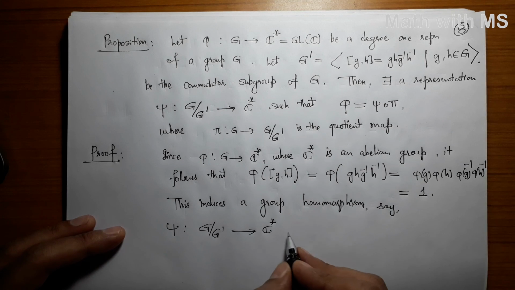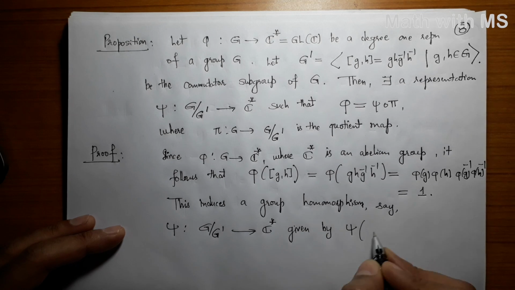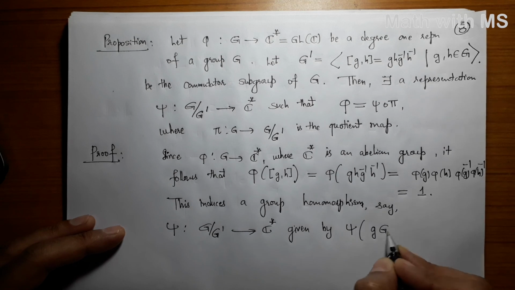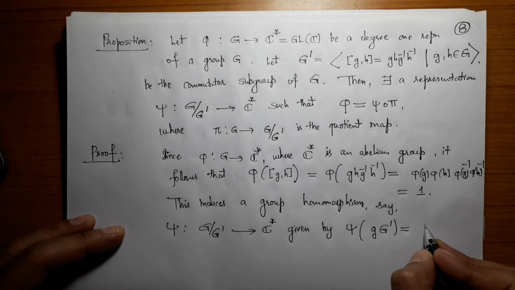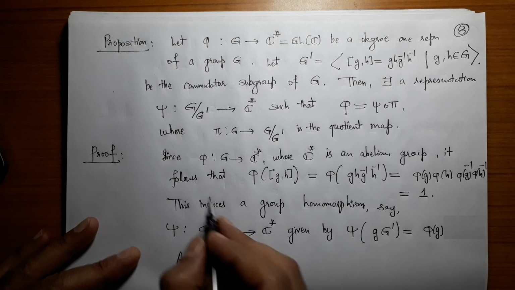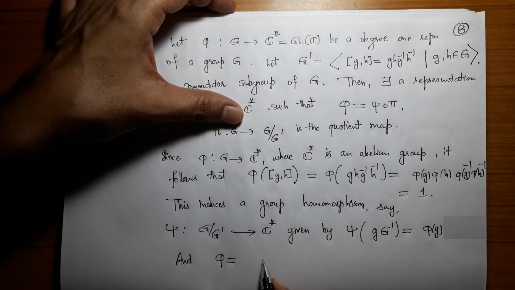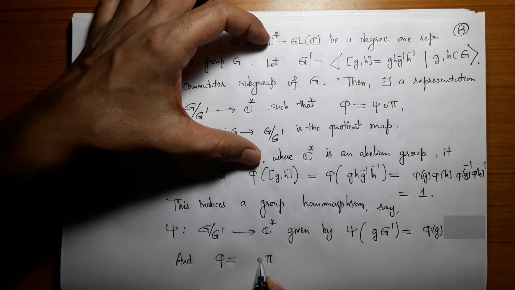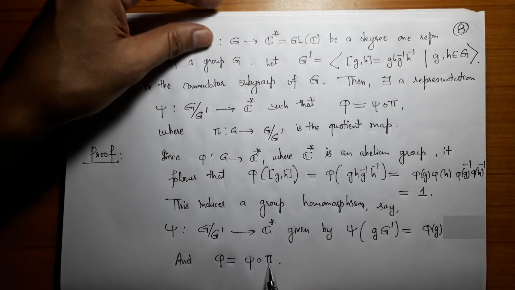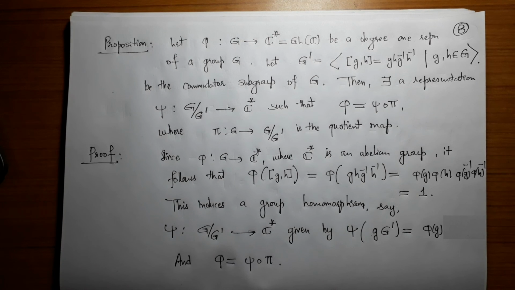And in fact you can write down how it is given: psi will act on any coset g G prime, and how does it act? It just acts as phi acting on g. And what is your original map phi? Original map phi is just the quotient map composed with your psi, right? Because if you take any little g in G, then pi of g becomes g G prime, and then you apply psi. Okay, this is exactly what phi is. So this proves the proposition.